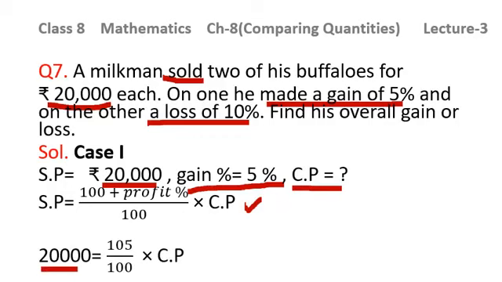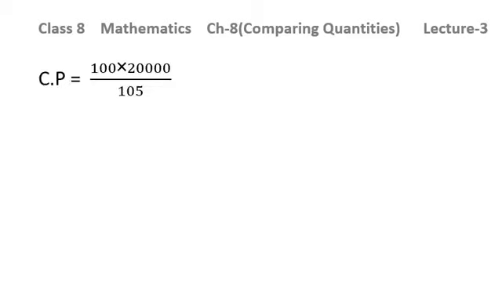Profit percent after adding to 100 will be 105 over 100 into CP. So if I write this formula in terms of CP, it will be 100 into 20,000 over 105. That will give you 19,047.62. So this will be the CP in the first case.